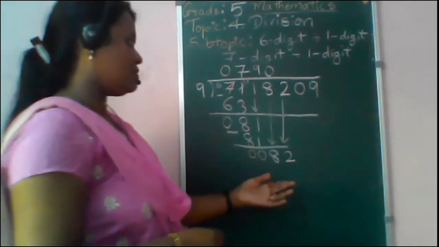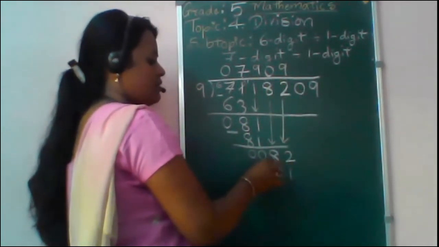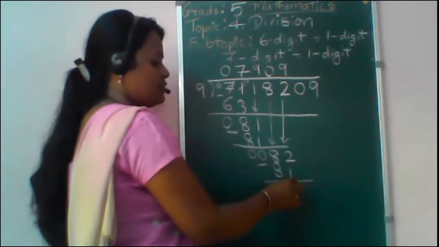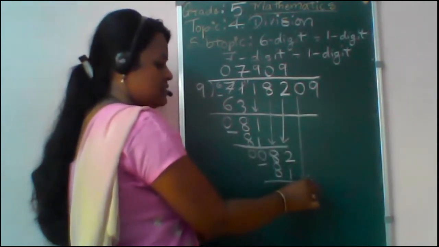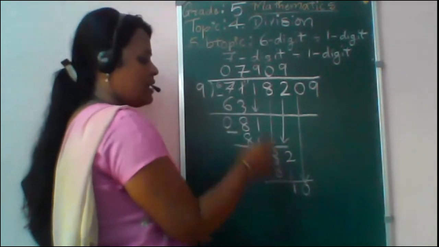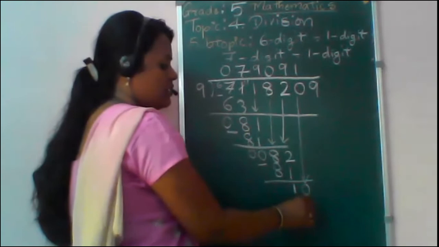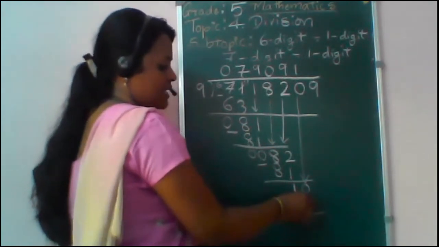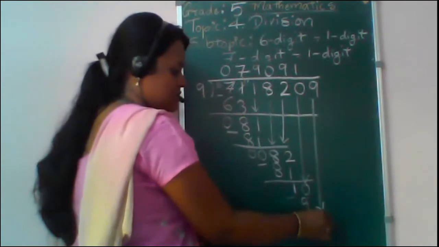9 and 82. 9 nines are 81. We subtract. We have 2 minus 1 as 1. Bring down the next digit 0. 9 and 10. We know that 9 ones are 9. And subtracting, we have 1 as the remainder. Bring down the next digit 9.